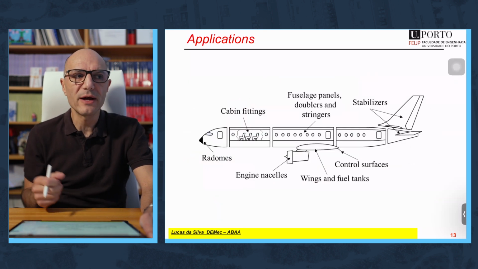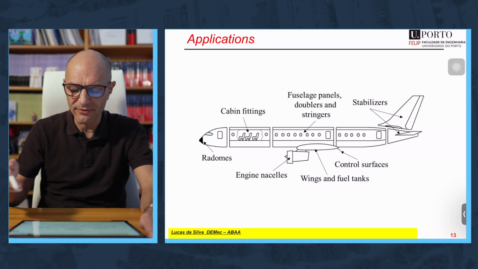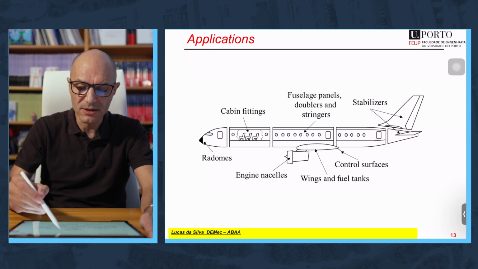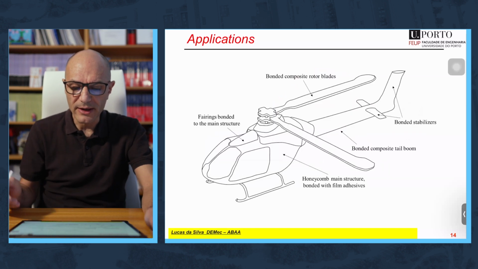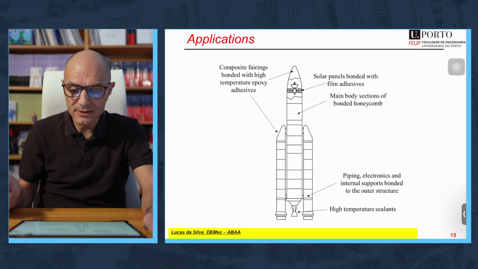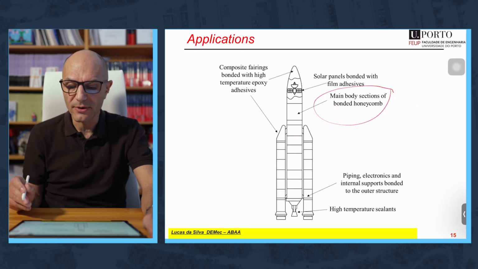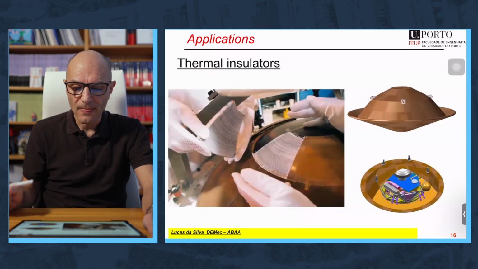Some applications: we are talking about aeronautical and aerospace applications, of course, airplanes. You have here several examples, for example, fuselage panels, doublers and stringers, helicopters for the rotor blades, very common, rockets for the main body sections of the bonded honeycomb, but you have others you can see later.